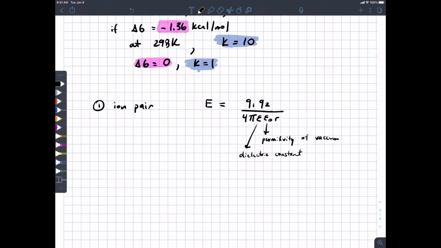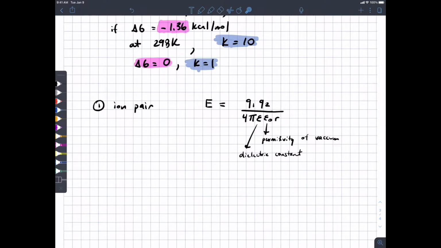This number is important because, as you can see, if the dielectric constant is large, the energy of the interaction between two charges goes away, right? Or starts to be attenuated.